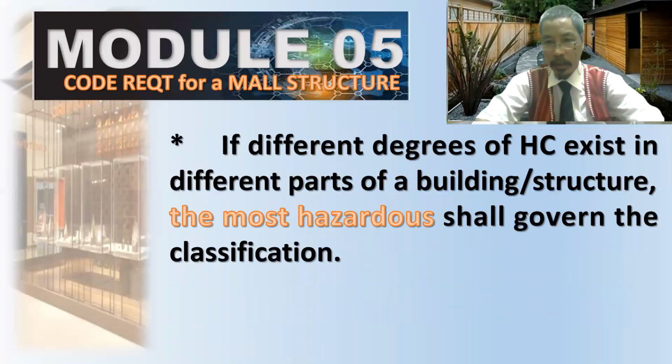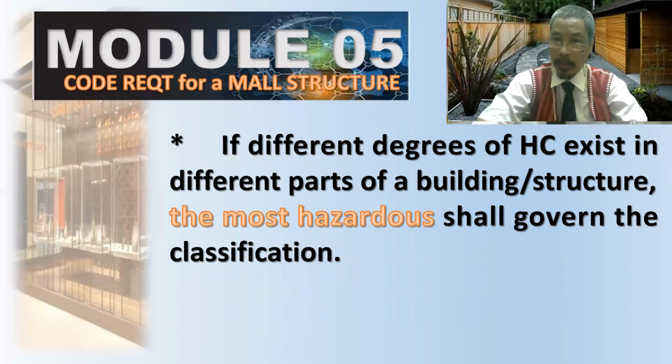If different degrees of hazard of contents exist in different parts of the building or structure, the most hazardous shall govern the classification. So in this case, we are not seeing any difference because it would become one sales area, although these are located on 2 floors, but they are of the same function as mercantile for sporting goods.